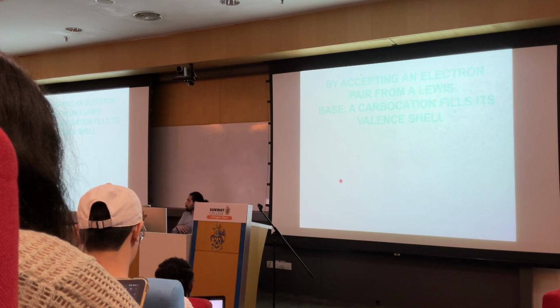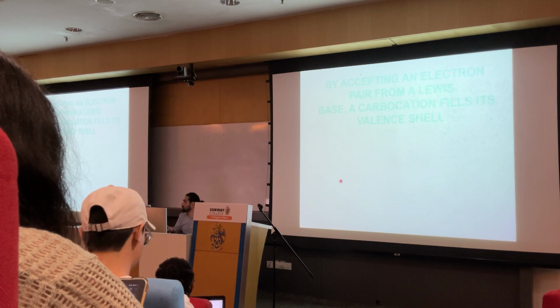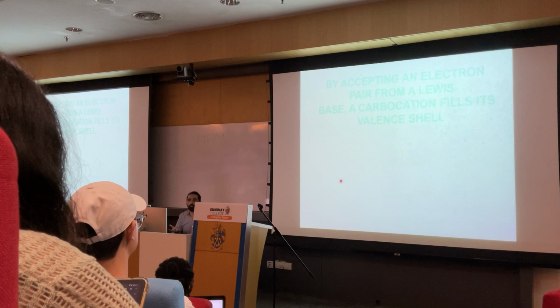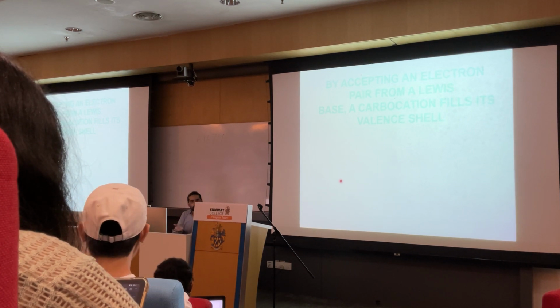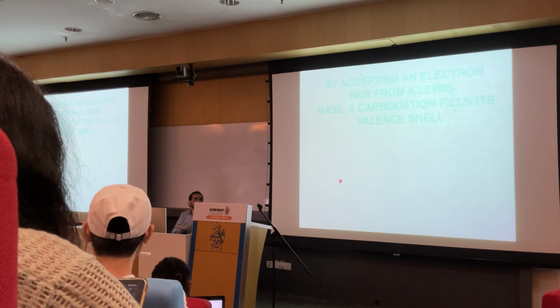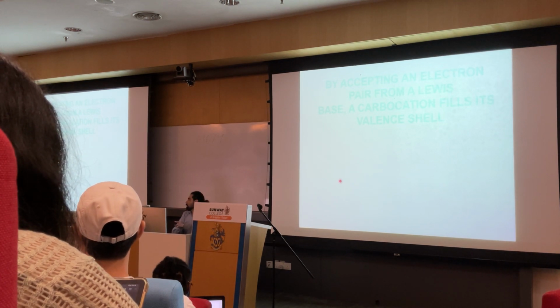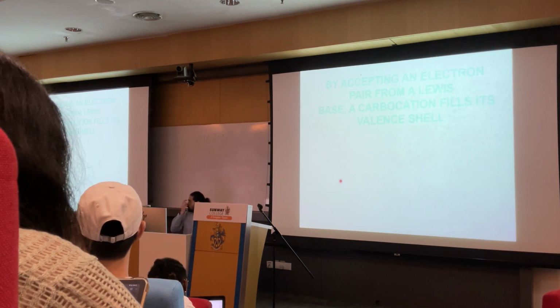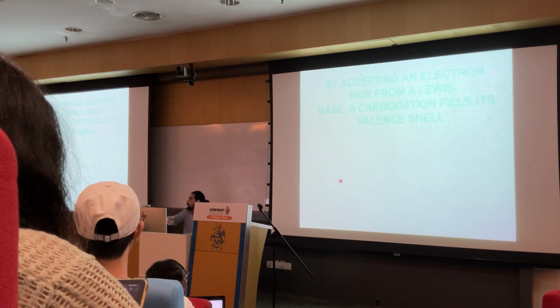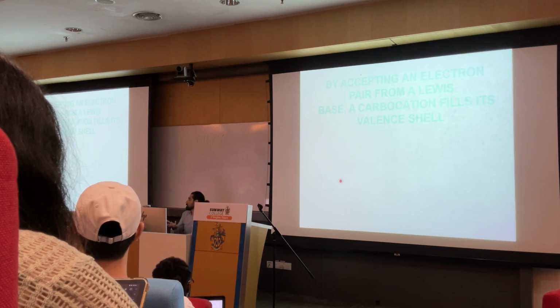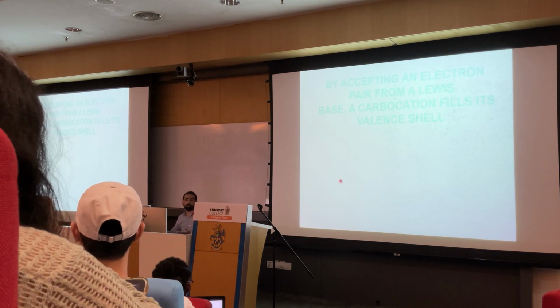They can accept a pair from a Lewis base, which by definition is a compound which can give away a pair of electrons, or can also be called a nucleophile because they have extra electrons and they would want to seek the nucleus, which is positively charged. So that's why the name nucleophile.